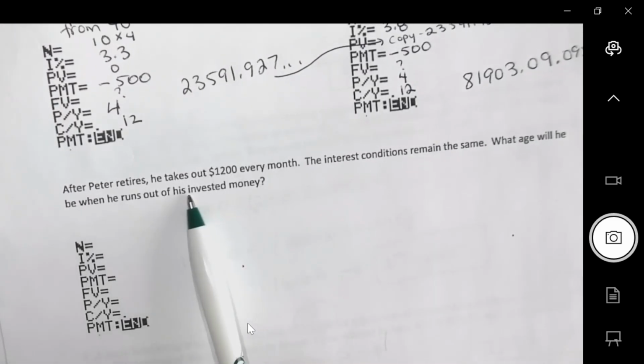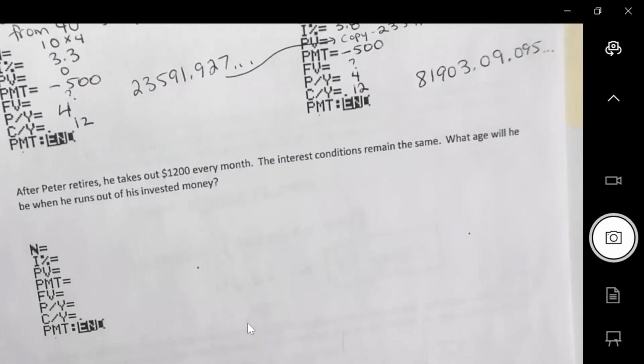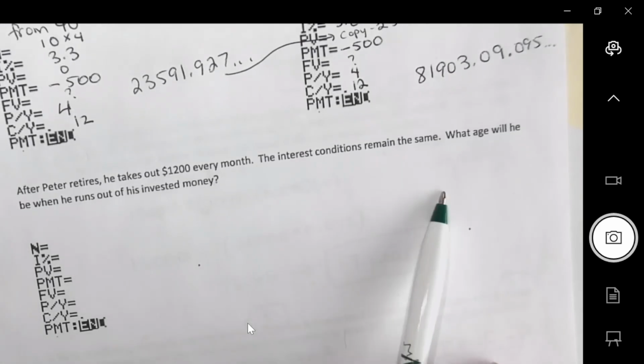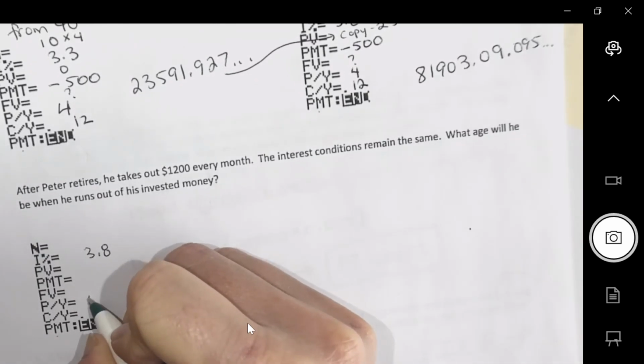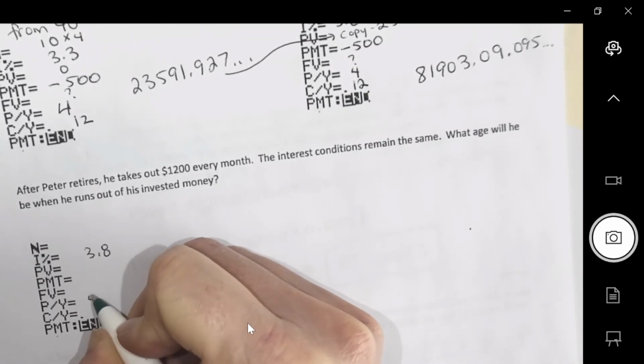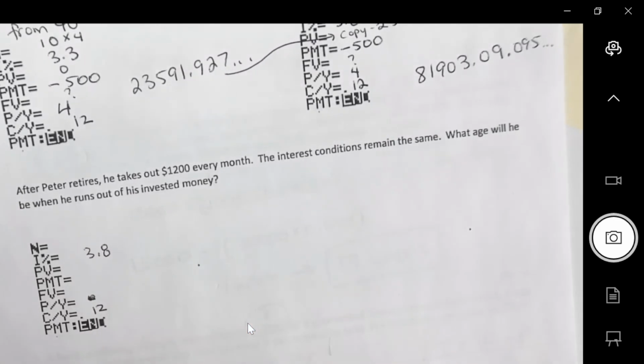Okay, now he retired. So he has this 81,000 and now he's going to start spending. The conditions are going to remain the same, so the 3.8 is still the same. Compounds per year is still going to be 12.